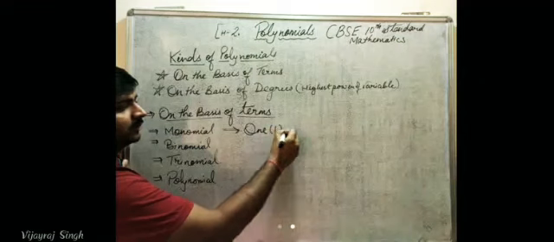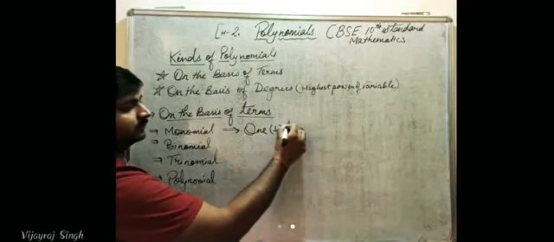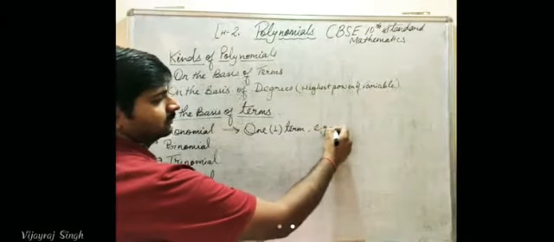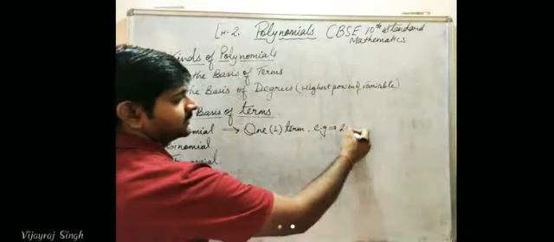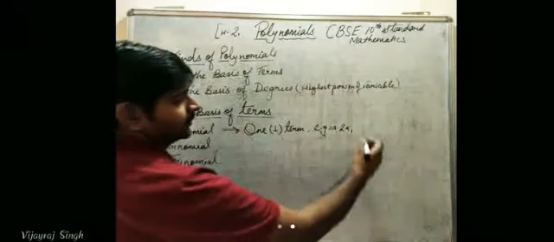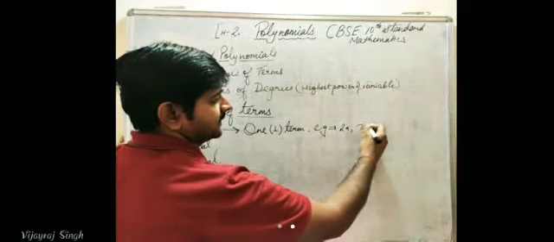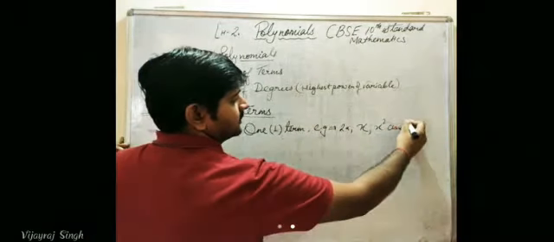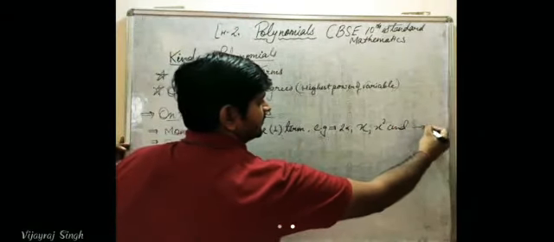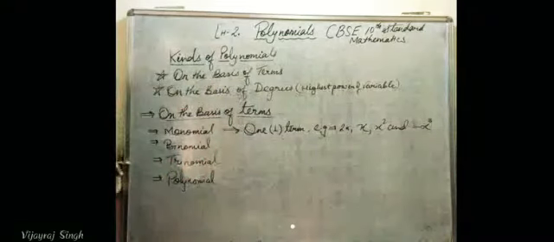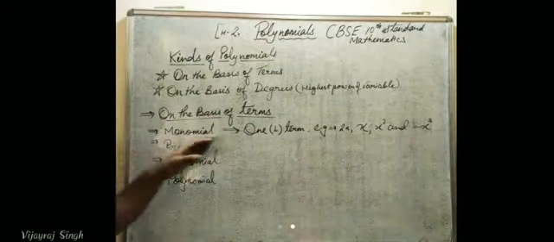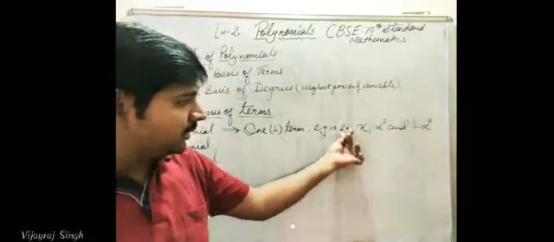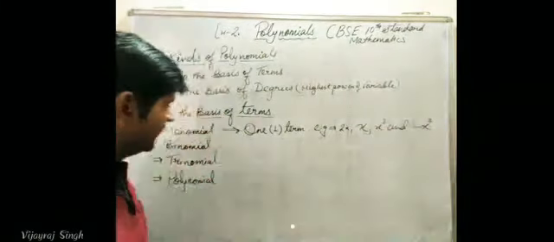One term only. Like 2x, only x square. Otherwise, we can say minus x cube, like this. Each and every expression is one term. That's why it is called monomial.